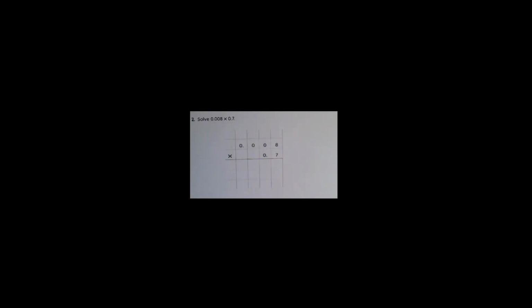In question 2, you're asked to solve 8 thousandths times 7 tenths. Now, the key to multiplying decimals is to ignore the decimal until the very end. So I set up the problem, noting I don't line up the decimal, I'm ignoring it.